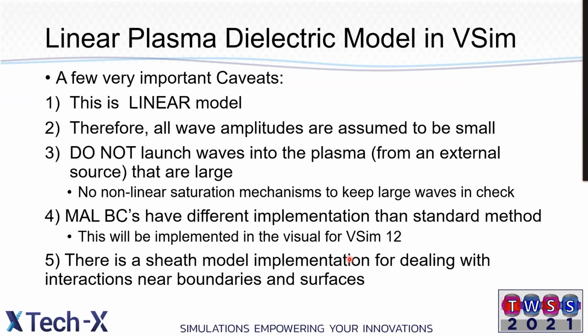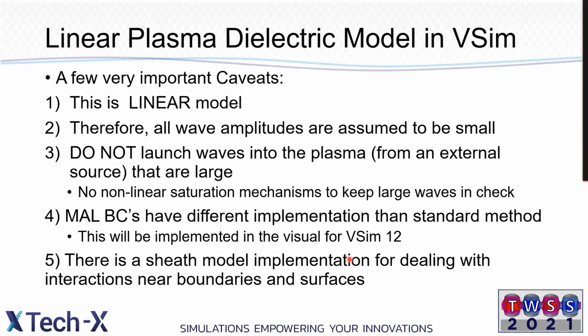If you choose to use this, remember that this is a linear model, so wave amplitudes are assumed to be small. For practical purposes, this means that if you try to put in a large RF signal, you'll probably get very strange looking answers that I would not believe.